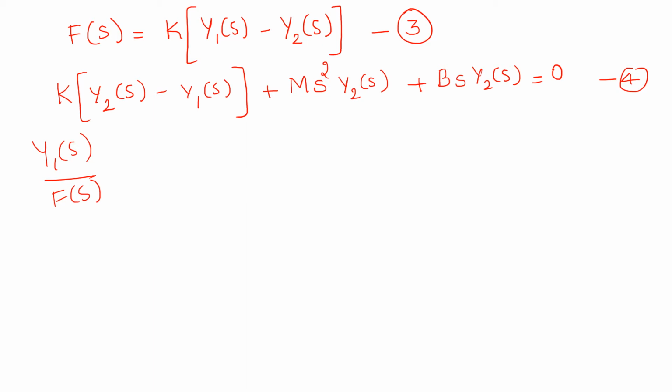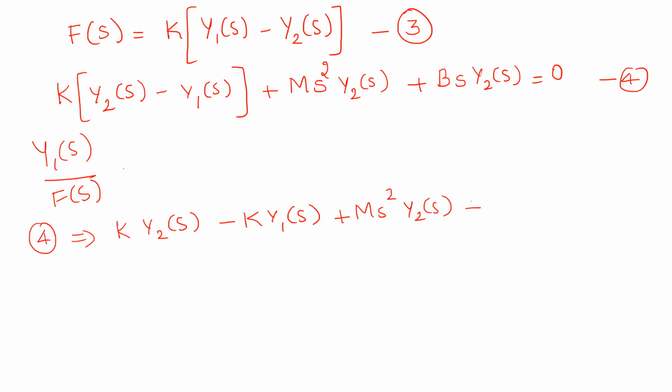So we have F of s. From equation 4, we substitute for Y2 in equation 3. If we consider equation 4, we separate the terms containing Y2 and Y1. So this becomes k into Y2 of s minus k into Y1 of s plus m into s square Y2 of s plus b into s into Y2 of s equal to 0.